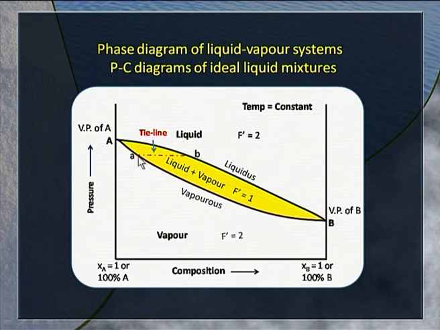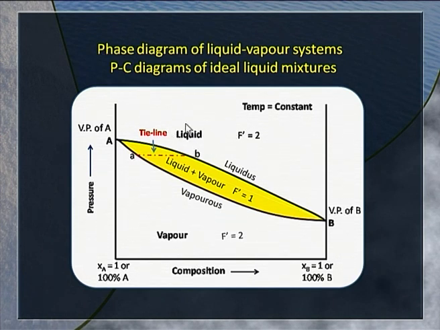Now, we have drawn a line here AB, which is the tie line, which tells us the composition of the vapor that is in equilibrium with the liquid under the given conditions. We also noted in the diagram the number of degrees of freedom.